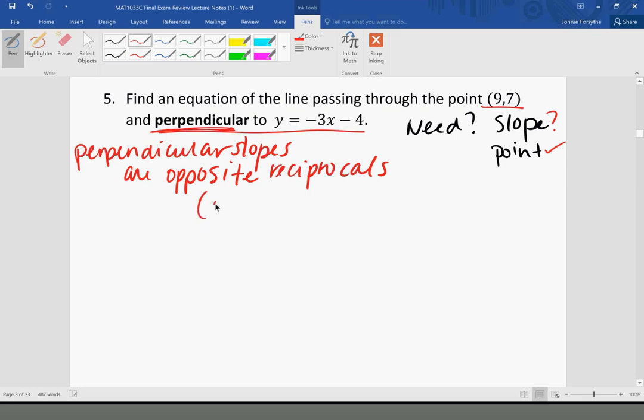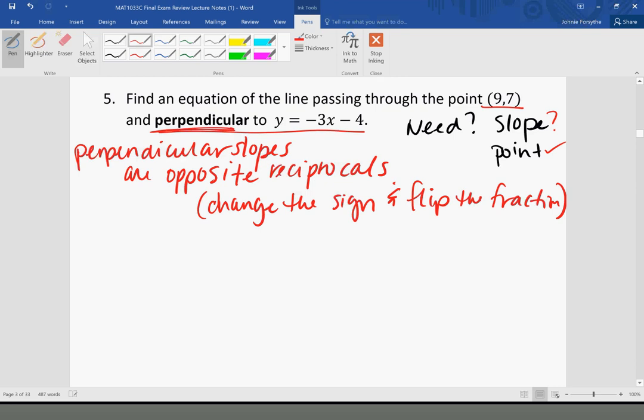What does that mean? You change the sign and flip the fraction. Okay? That's what it means to have an opposite reciprocal.